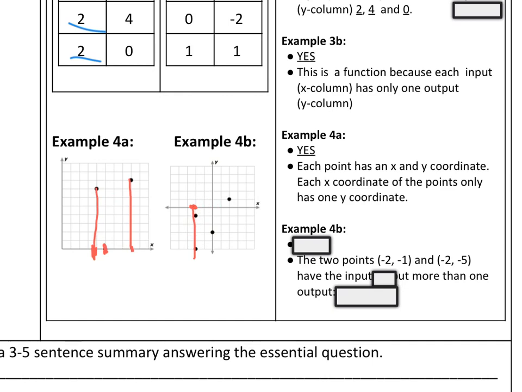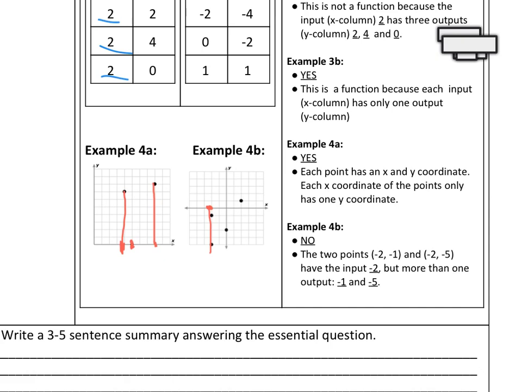So no, this is not a function because these 2 points, (-2, -1) and (-2, -5), they both have the input, the x coordinate of -2, but they have more than one output. That's -1 and -5. So whenever you have graphs, you can think of it as just different points, seeing if the x repeats. A lot of people like to draw these vertical lines to see if it crosses the graph more than one time. That's a shortcut.